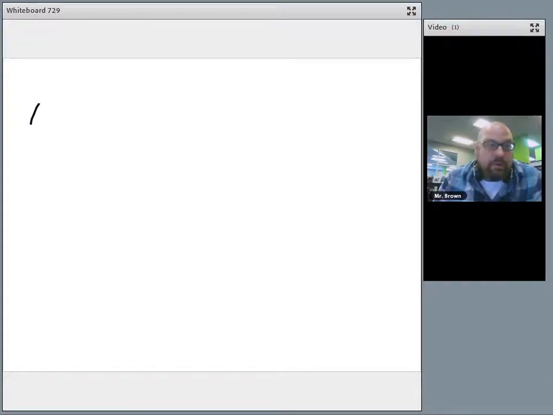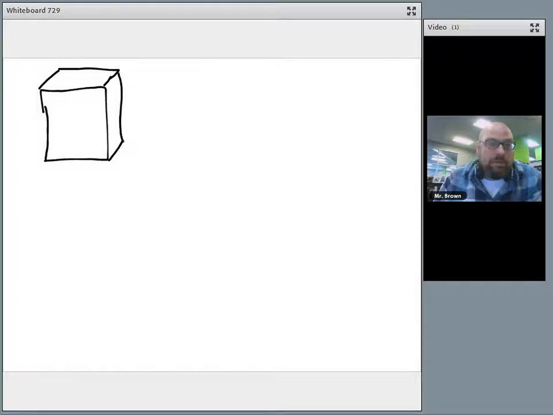Okay, that's a cube, roughly. Some of the edges aren't perfectly straight, but I drew it with a mouse, so what are you going to do?